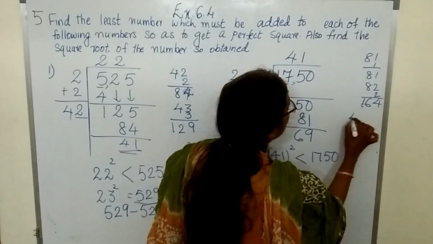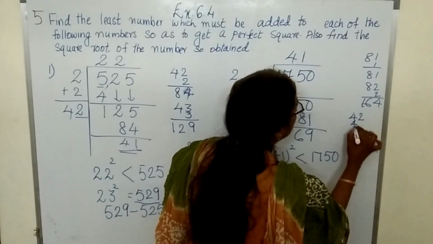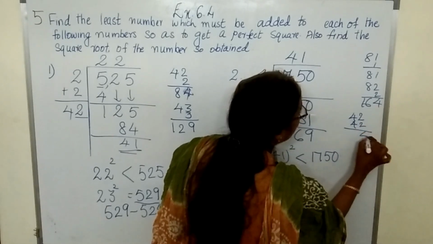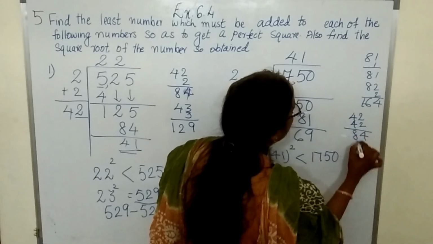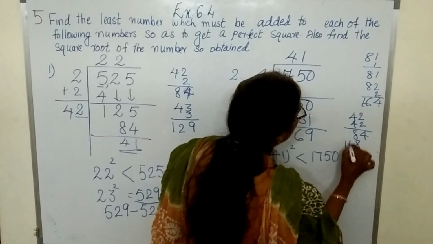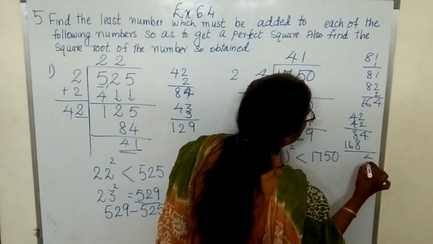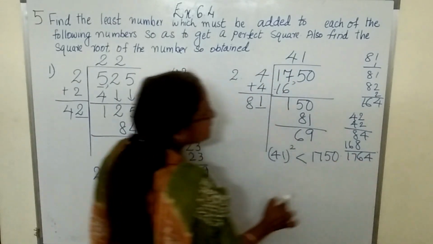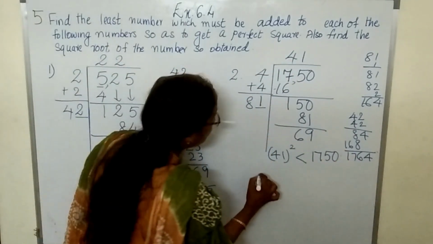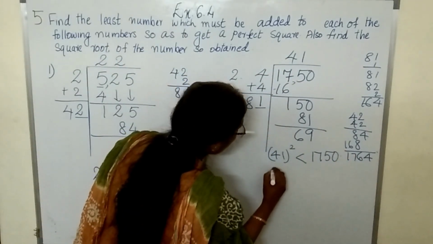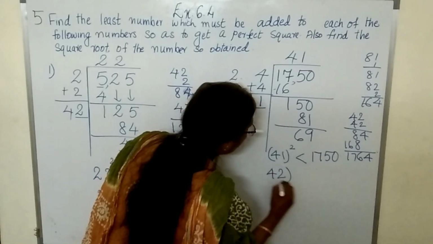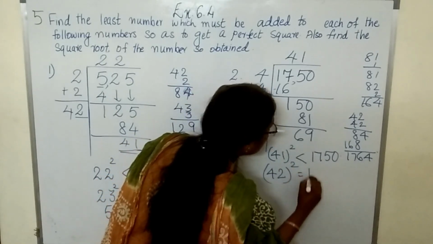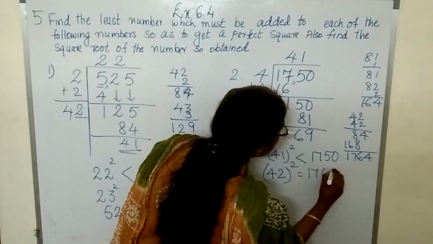So what is 42 square? Find out. 2 2s are 4, 2 4s are 8, 2 4s are 8, 4 4s are 16. 1764. So 42 square is 1764.